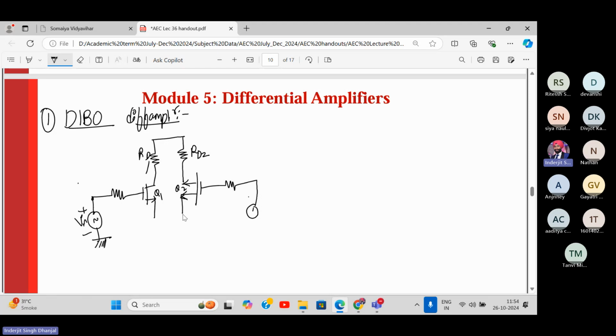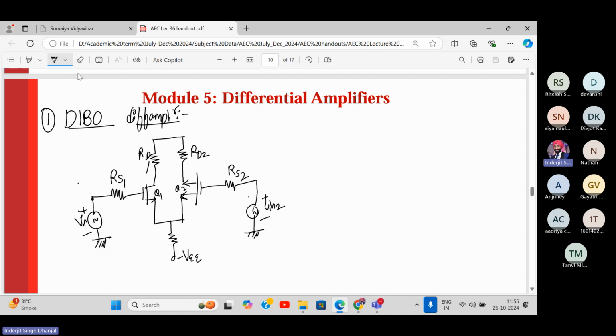And these two emitter terminals, I mean the source terminals, are connected together and then connected to a single resistor along with the negative supply. This is plus minus V, and this is R. We can call it RS1, RS2. Okay, the gate resistance.